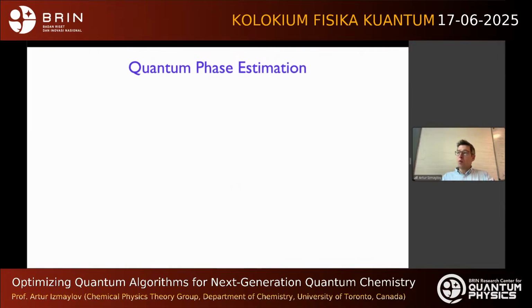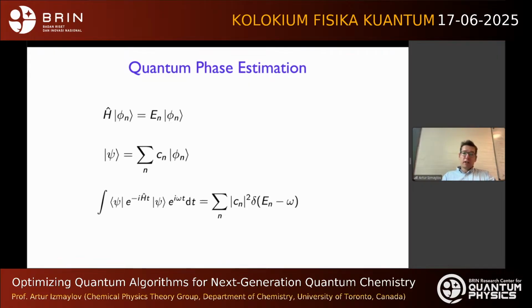Okay, and then one of the first and most well-known algorithms that is considered only possible when you can correct errors, because the circuits there, the unitary transformations, are relatively long, is quantum phase estimation. You could read about that in many places, but most of the places explain this algorithm in a very complicated way, which is very natural for physicists, I guess, and chemists.